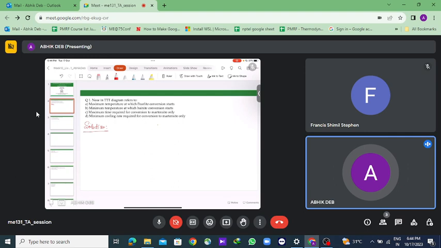So for only martensite, it is the minimum. If the rate is very high, then we will miss the nose and move downwards. If the cooling rate is very high, like this, then we will form martensite directly.